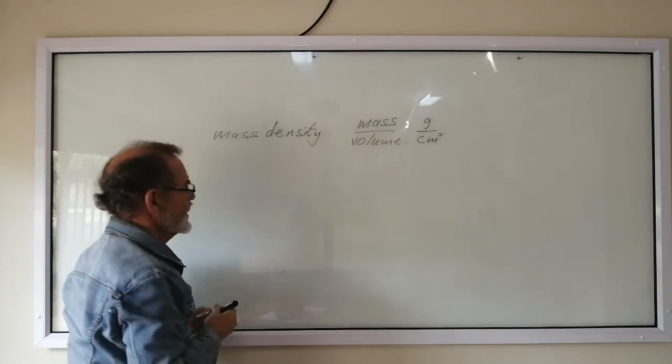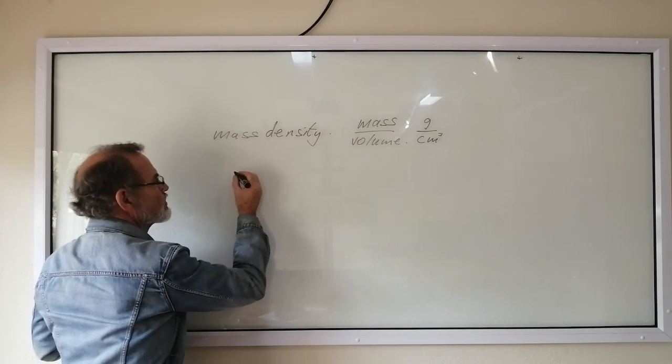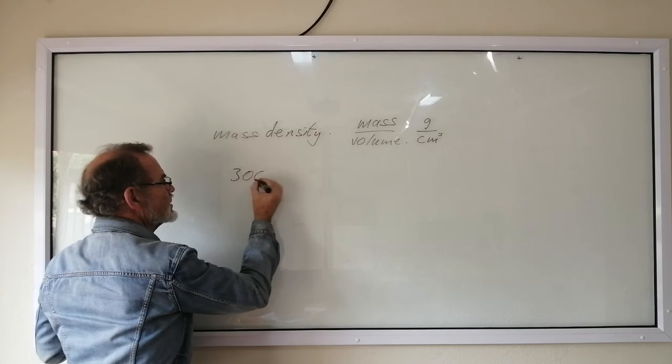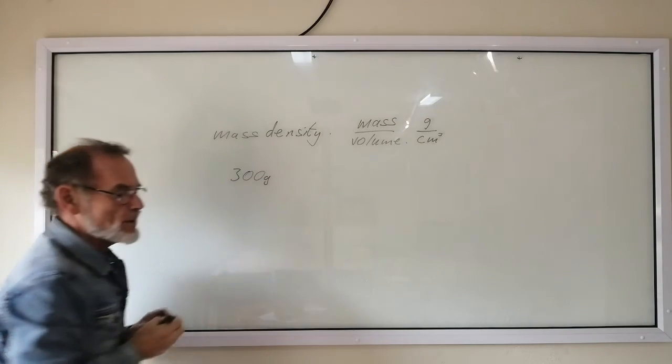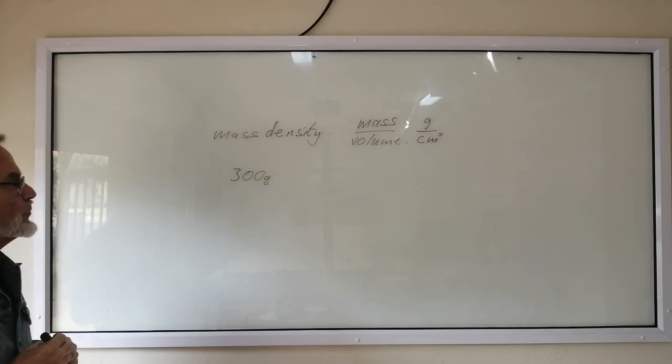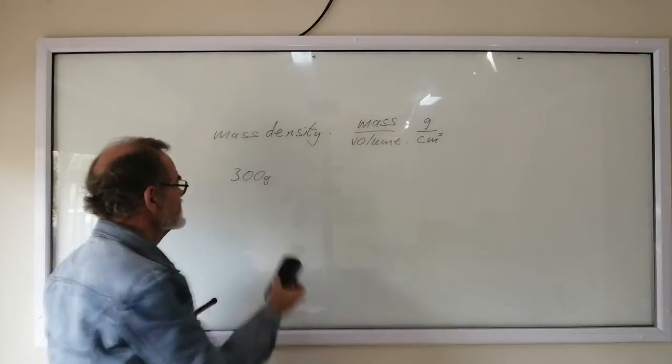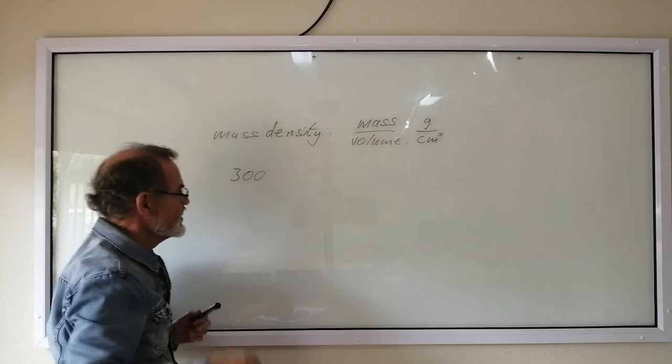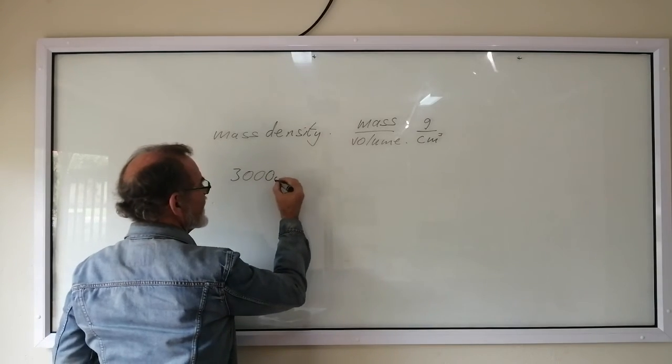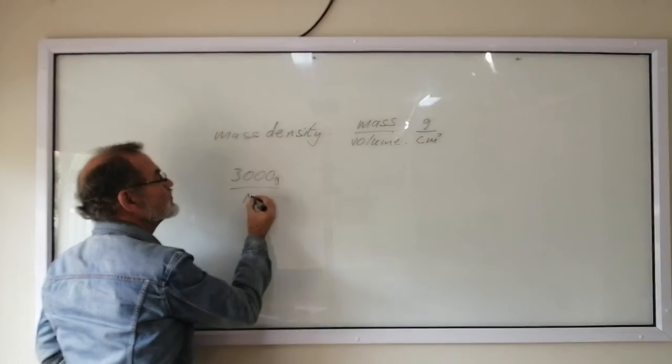Okay, so let us do another one. Supposing they give you cubic meters. So let's suppose it is 3,000 grams per cubic meter.